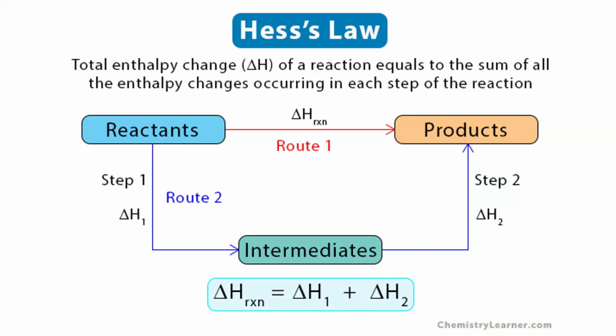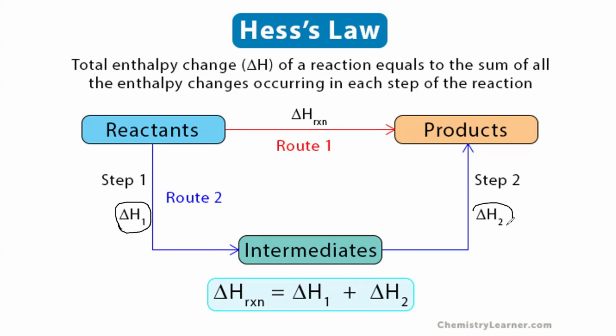Like for example, assuming you have your reactant and it is converted to produce products. But the reaction can actually undergo more than one step before you get the final product. So in each step of the reaction, an enthalpy change for that particular step is formed.